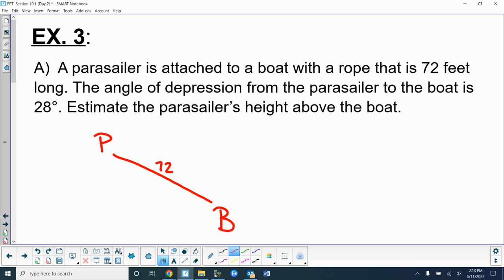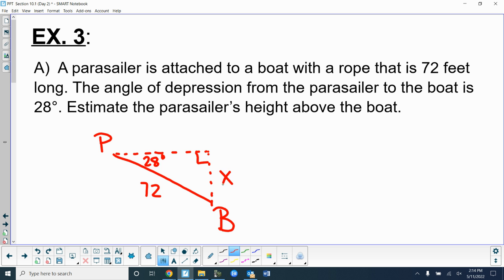So remember, let me rewrite this here. Put my 72 here instead. So do my horizontal here and down to my boat. I got this right angle here. So this angle of depression was 28 degrees. All right. Estimate the parasailer's height above the boat.